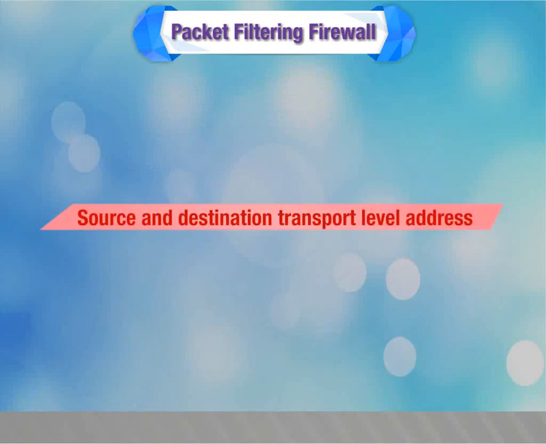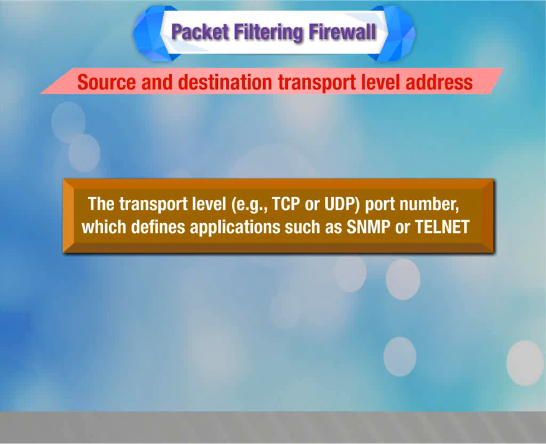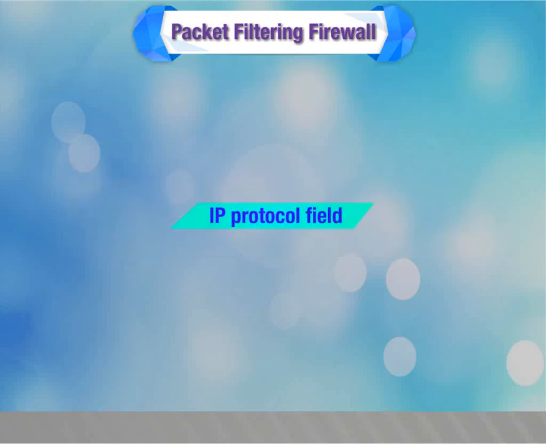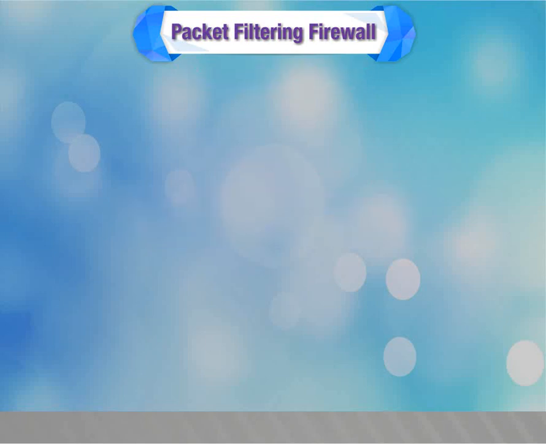Source and destination transport level address, the transport level, for example TCP or UDP port number, which defines applications such as SNMP or Telnet. IP protocol field defines the transport protocol. Interface.